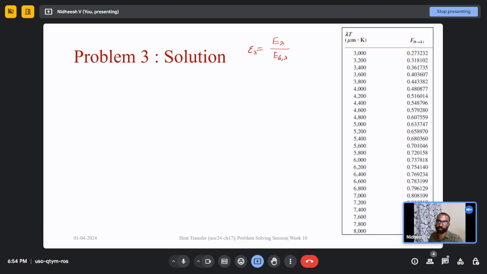This is the definition of emissivity. It can also be said that emissive power is equal to emissivity times the emissive power of a black body. Both are the same definition.